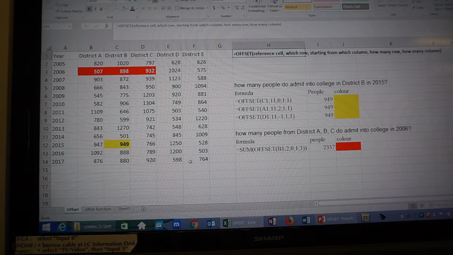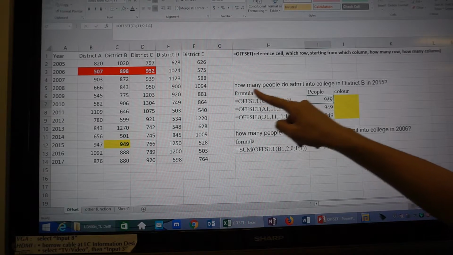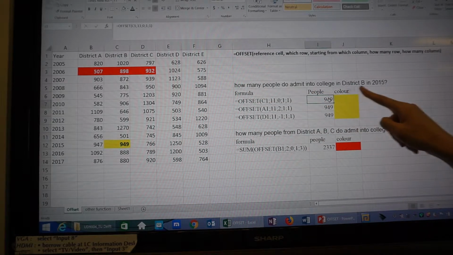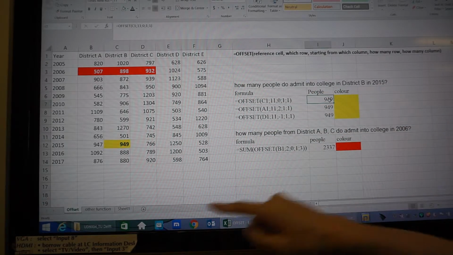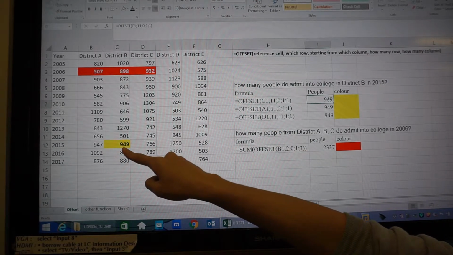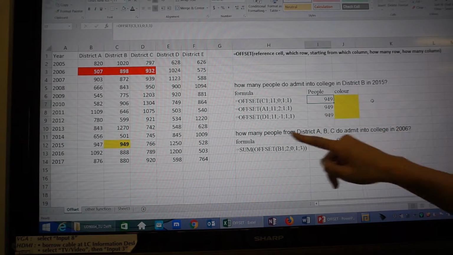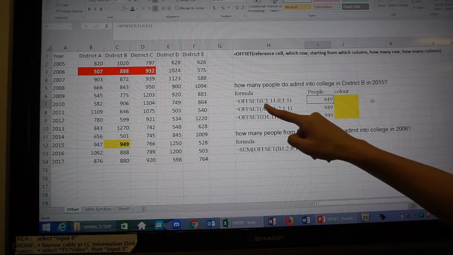So let us look at some real examples here. If you're going to ask, how many people were admitted into college in District B in 2015? Basically we're going to look for the data in cell C12, which is in the yellow box here, and we can use the offset function. I've typed the formula out here.